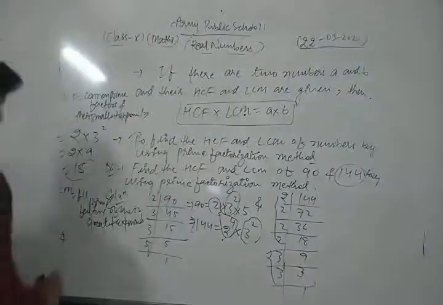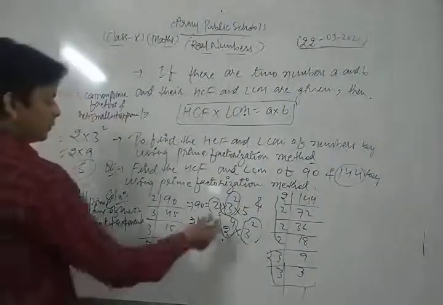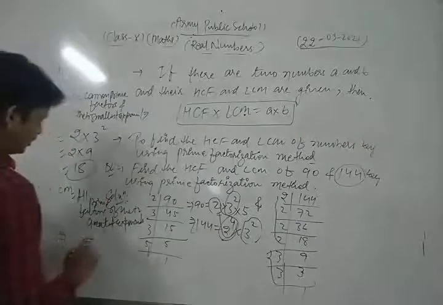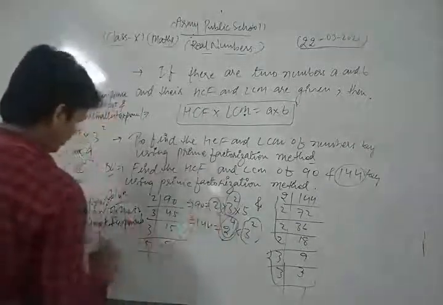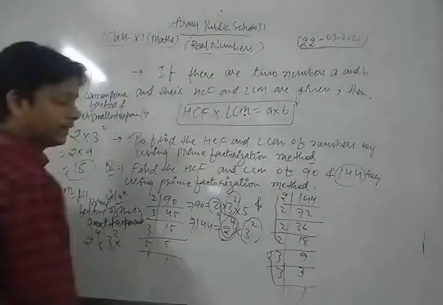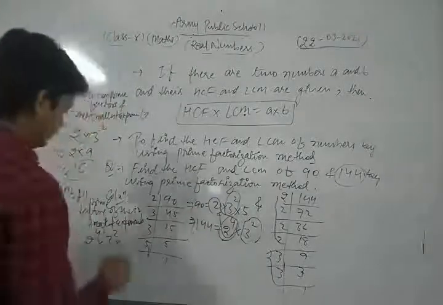So we get 2 power 4, this is the largest exponent, into 3 power 2, and we also take 5.